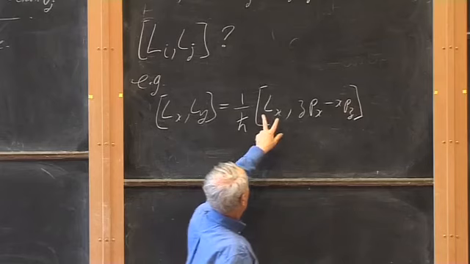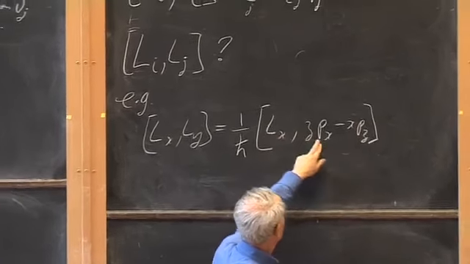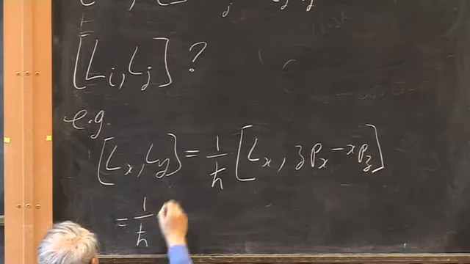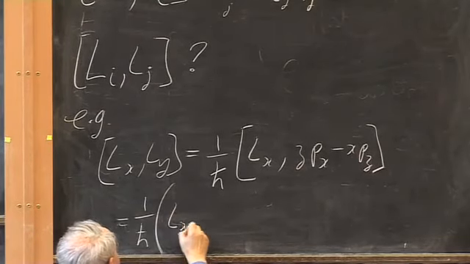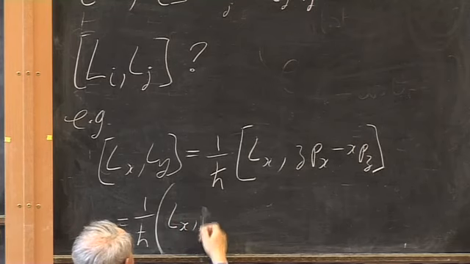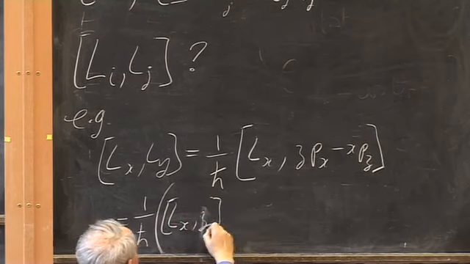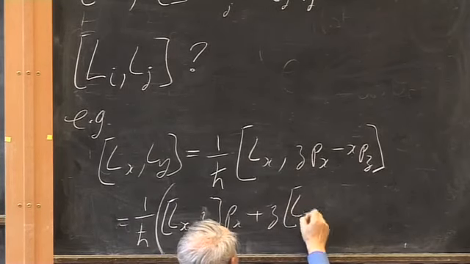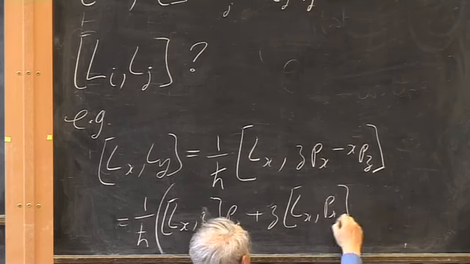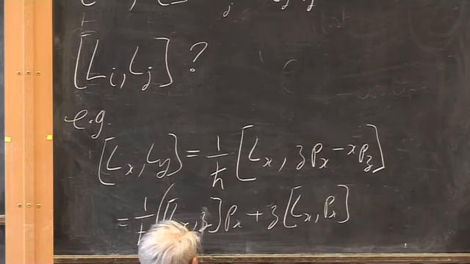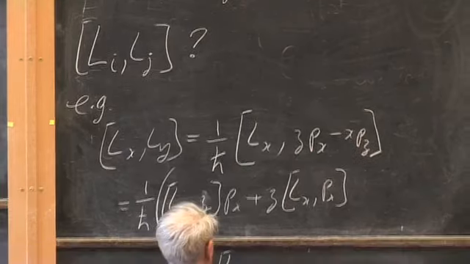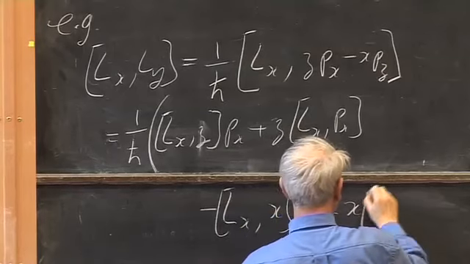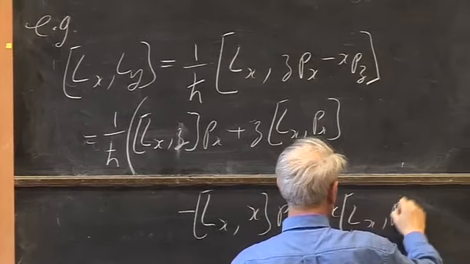And we know now how Lx commutes with this and how Lx commutes with that, so we can work it all out. So this is going to be 1 on h bar, open a big bracket, of Lx commuted with z, with px standing idly by, plus z standing idly by, Lx commuting with px, minus Lx commuting with x, and pz standing idly by, minus x standing idly by, while Lx works on pz.